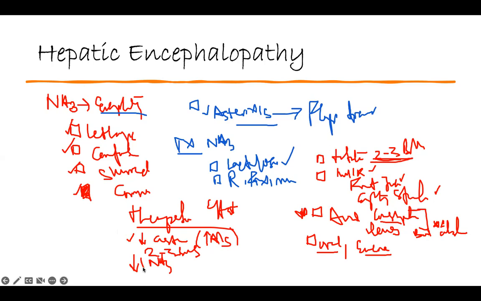So if I give you lactulose and you are encephalopathic, therapeutic effect means the ammonia level is down, you're having 2 to 3 bowel movements, your asterixis is gone, your coma is getting better, you don't have any slurred speech anymore, no more confusion, and you are no more lethargic.